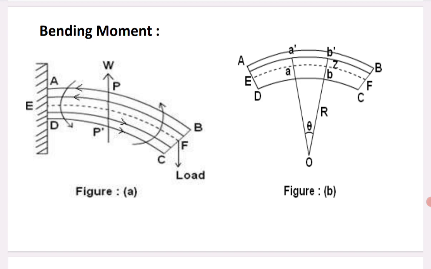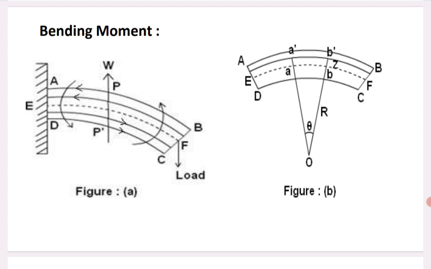Let us consider a small part of the beam, say AB. Let another layer, very near to the filament or neutral surface EF, be at a distance Z. Draw the radius from the points A dash, B dash.